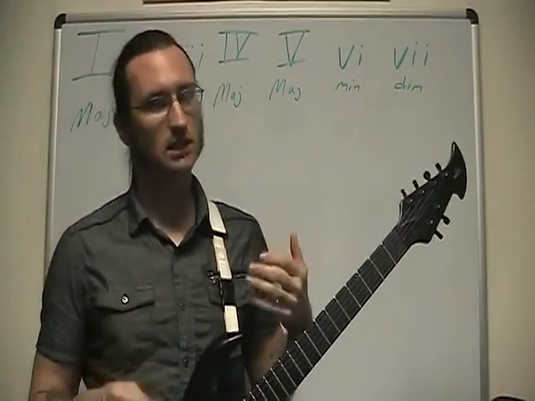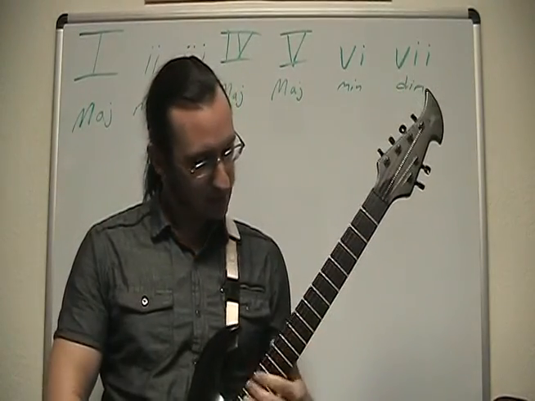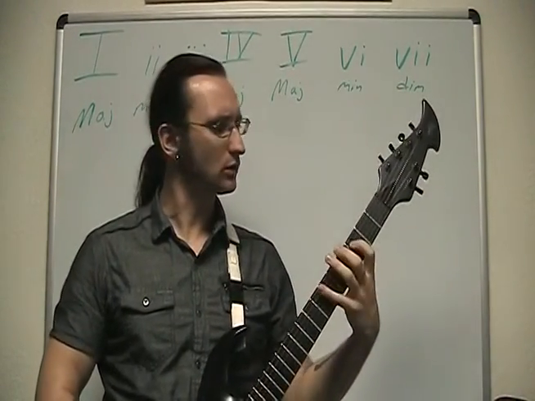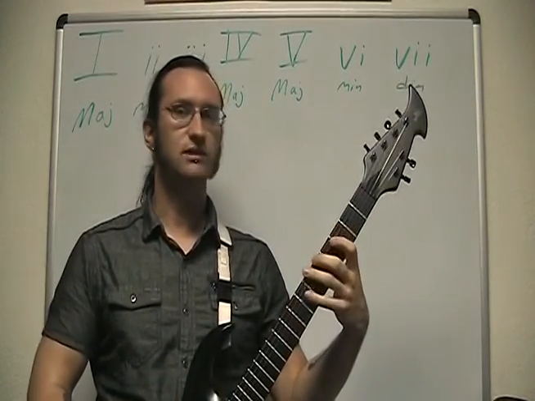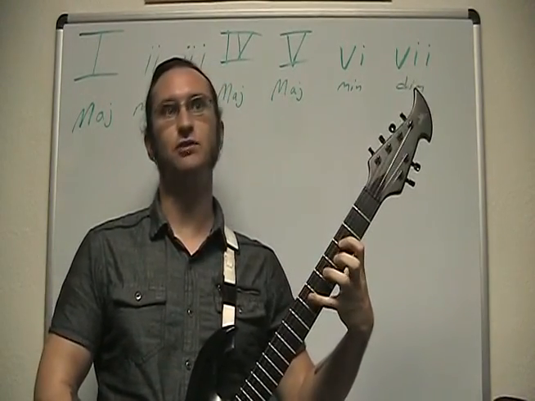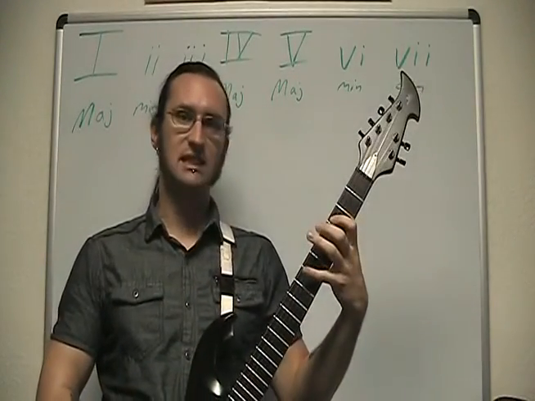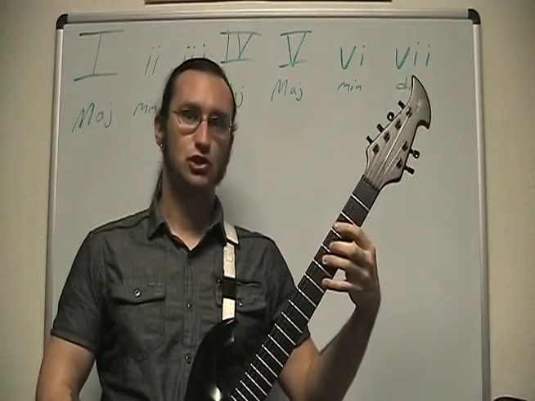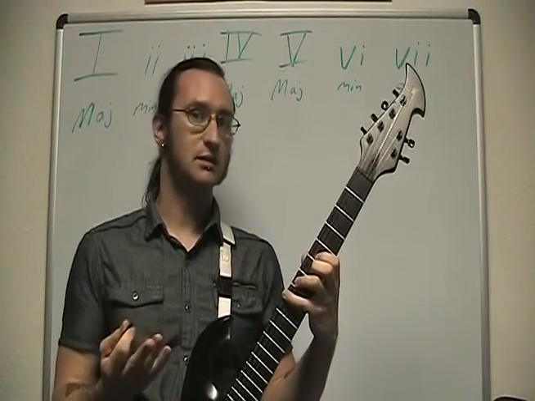So let's use the key of C. If you start on C and go through the key of C, you have C, D, E, F, G, A, B. So if you skip every other note, you have C, E, G. So C, E, and G together produce a C major chord.